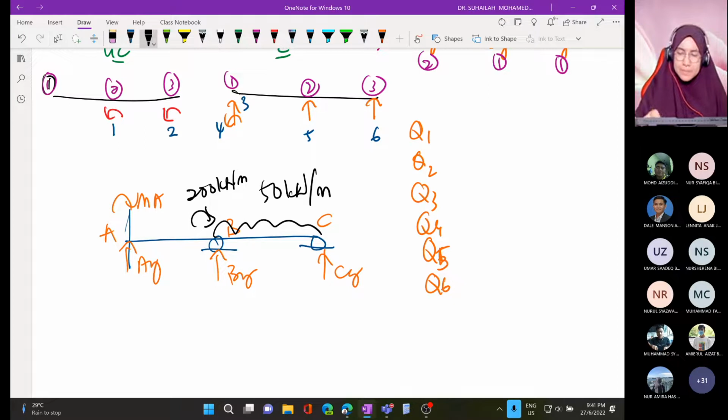What is the physical meaning of Q1? Earlier we had horizontal displacement, horizontal force at node 1 and node 4.